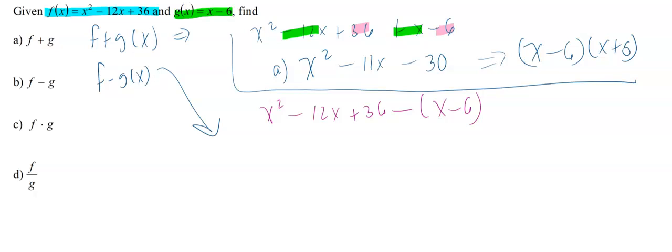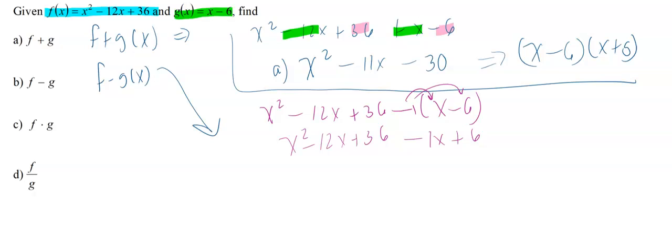So that means you're going to be distributing a negative 1. Negative 1 to the x, negative 1 to the negative 6. So I'm going to rewrite that right now. That's a negative 1x plus a 6. And probably in problems like this, that's where I see the most goofs. Just that distribution of the negative 1.